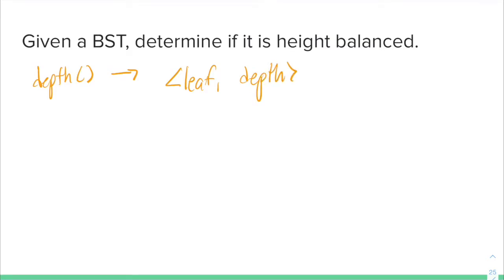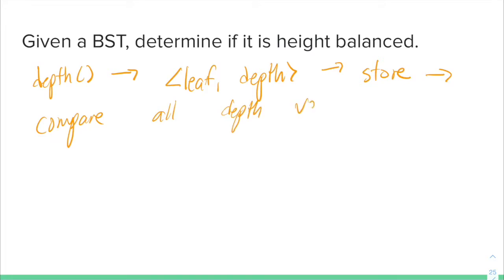We could then store this in some global data structure and then run through and compare all depth values. However, we're going to have to compare all these depth values to each other, but this doesn't seem like the best approach. It seems like a lot of steps and a lot of runtime.